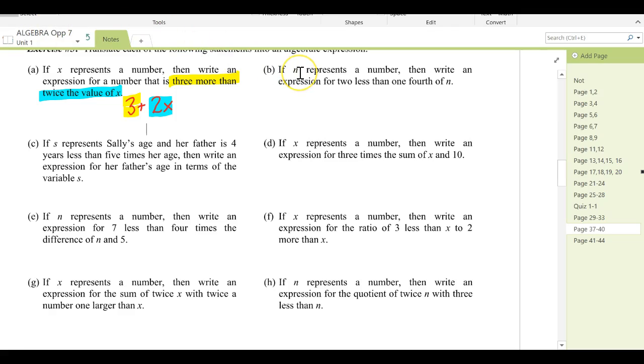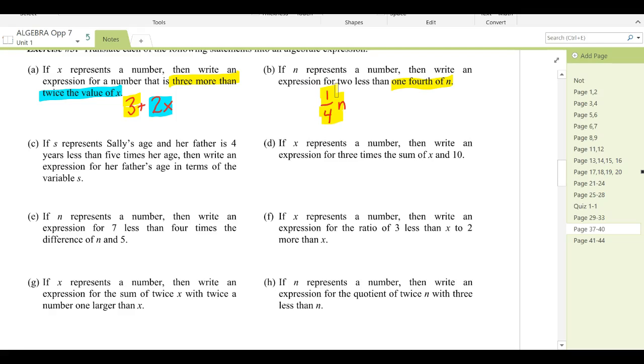Letter B. If n represents a number, write a number that is 2 less than 1/4 of n. I have an n number. How do you think you do 1/4? This is a tough one. 1/4, I know. 1 and the 4. 1/4 n, yeah.